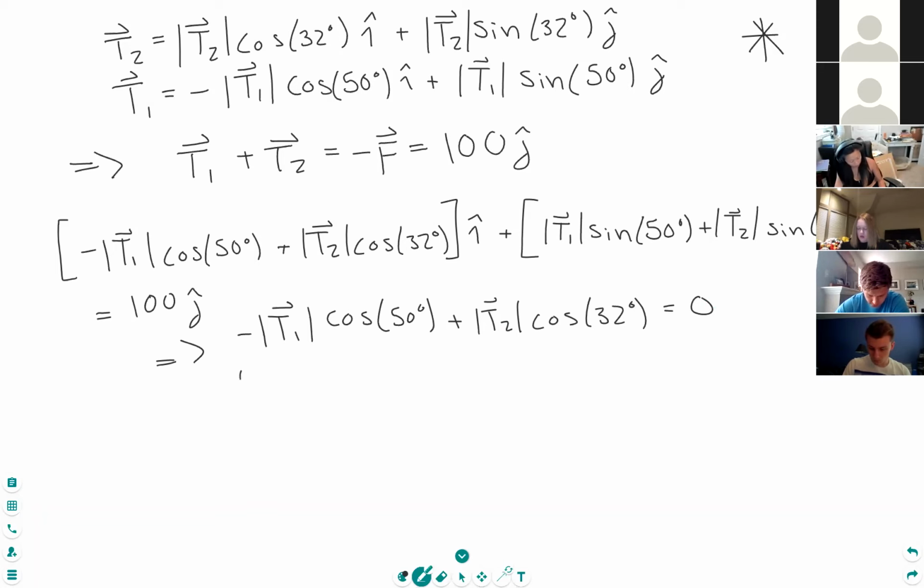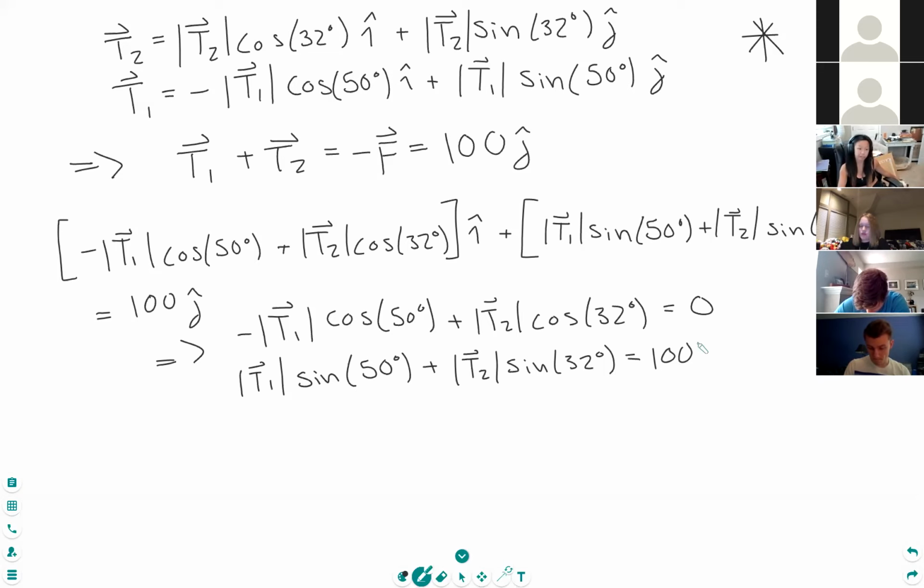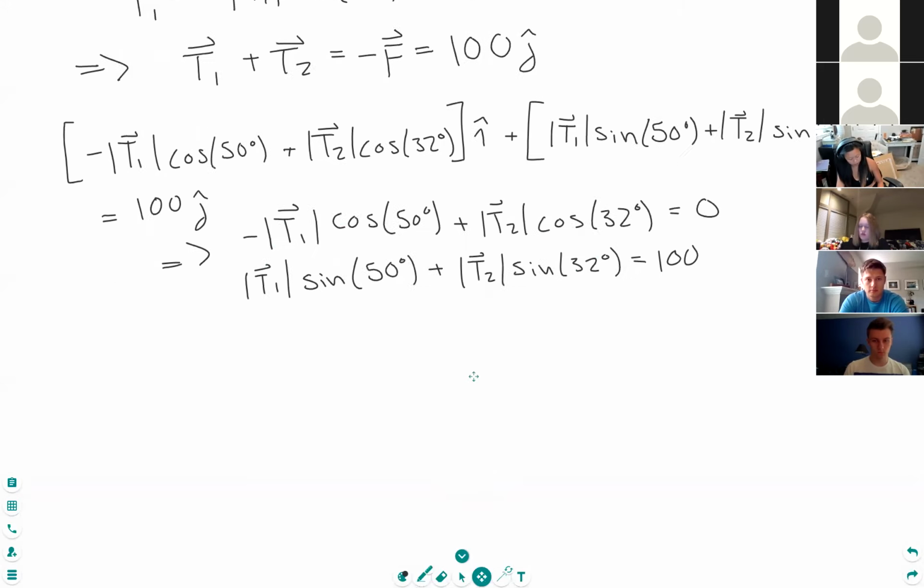And we also have that the magnitude of T1 sine of 50 degrees plus the magnitude of T2 sine of 32 degrees is equal to 100. Okay, so now we've got two equations, and notice that we have two unknowns. I have the magnitude of T1 and the magnitude of T2. Those are my two unknowns here. Great. So let's continue with that.